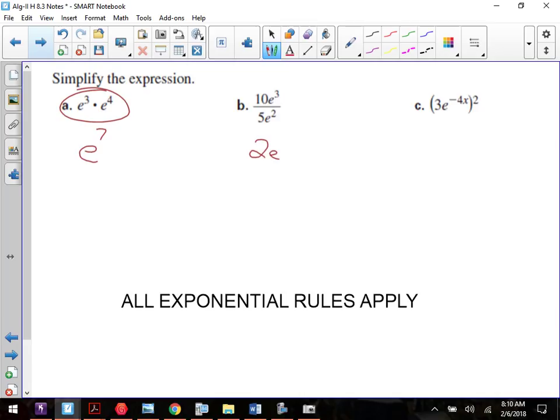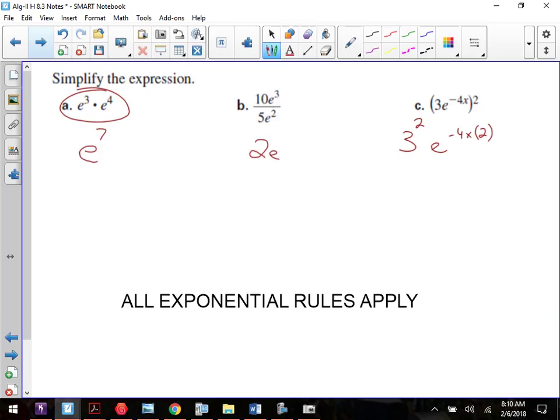When you use your power rule, remember, you're not squaring that exponent. What are you doing to it? Right, so you get 3 squared e to the negative 4x times 2. That's usually where people mess up, because they think, oh, it's got an exponent, I should put a square on it. No. Power to power, you multiply.